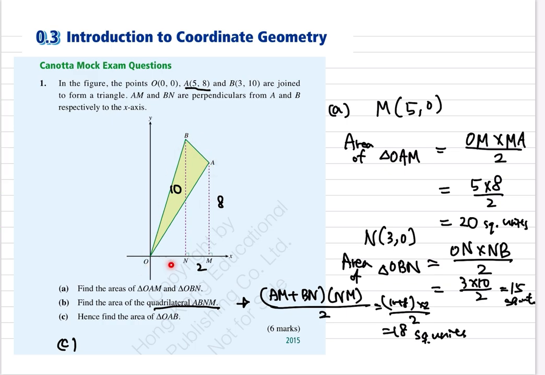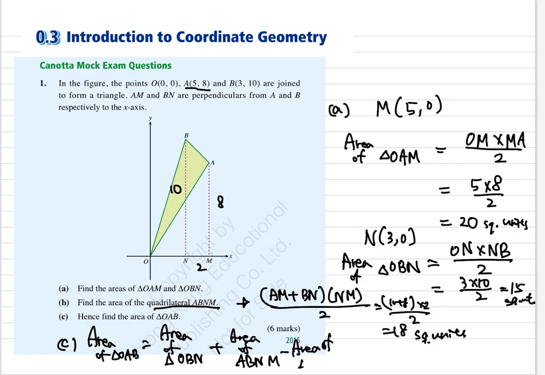So you add this one to this one, and then minus this one. So for part C, the area of triangle OAB equals the area of triangle OBN plus the area of ABNM, and then minus the area of triangle OAM. Altogether, it is 15 plus 18 minus 20. Then you get 13 square units.